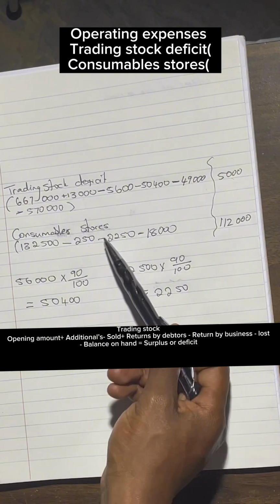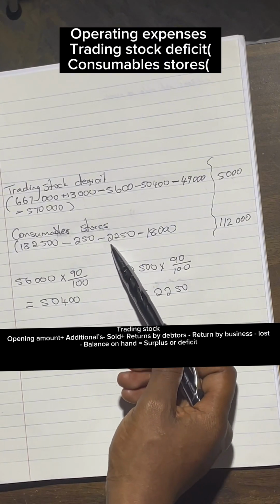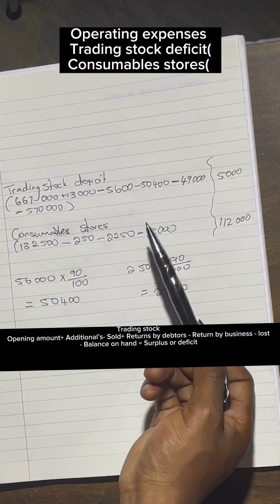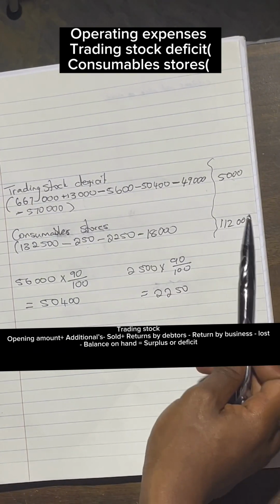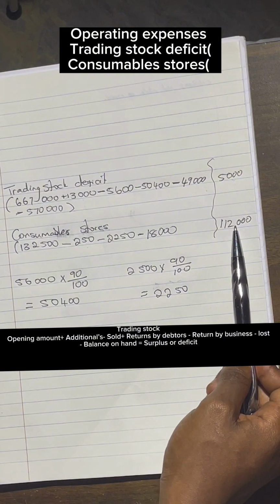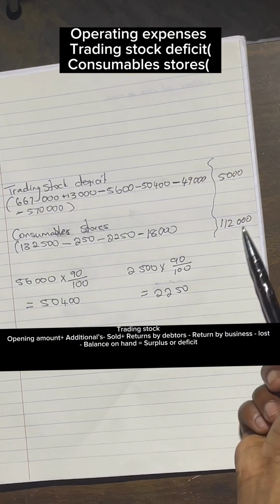And if we got that 90%, it will be a positive sign, plus 2,250, and then subtract our consumables on hand. We add everything, and the amount will be recorded under your income statement, under operating expenses.